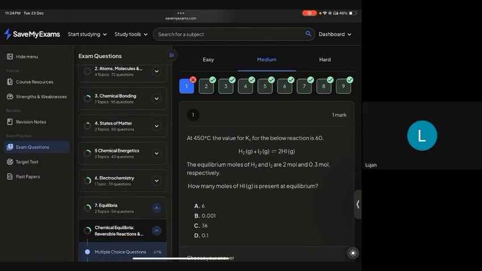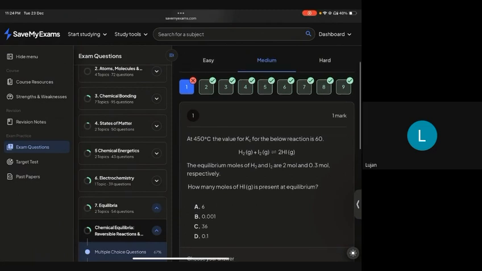Okay, what about this one? Can you practice this one? Yes. Okay, first try to do it, and if still you're not able to do it, then we will do it together, right? Okay.